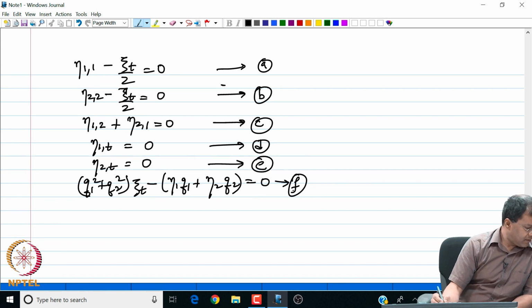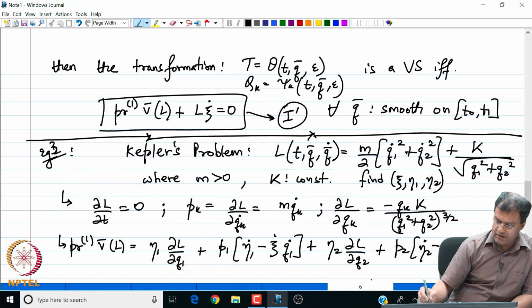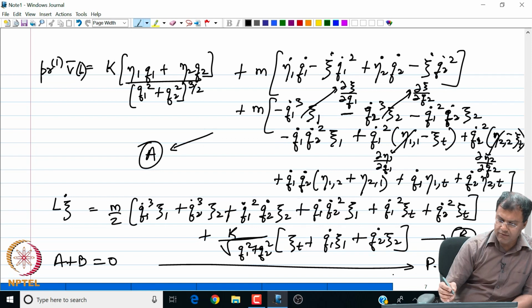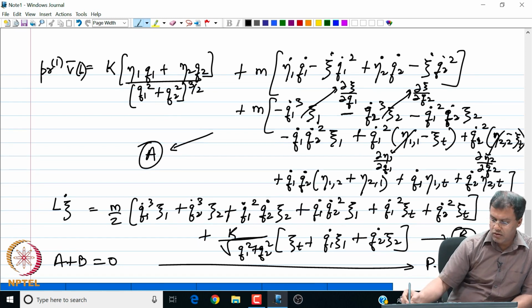Okay. So, from A, also let us go back a few slides. Notice that in A we have terms of the form q1 dot cube, q2 dot cube. Now, the coefficients of these cubic terms will vanish. So, xi 1 is 0 and xi 2 is 0, right.